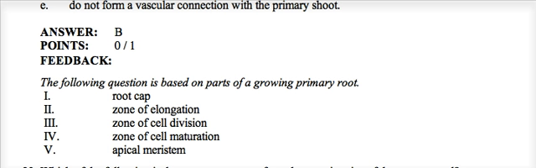Alright, so we're going to have a bunch of questions related to the parts of a growing root. So the parts of a growing root are root cap, zone of elongation, zone of cell division, zone of cell maturation, and the apical meristem. So let's look at a picture of this.